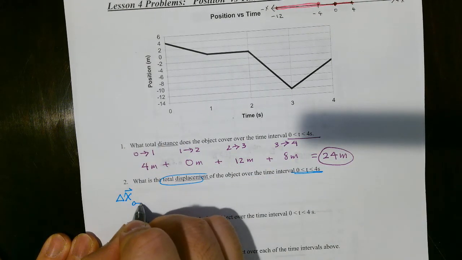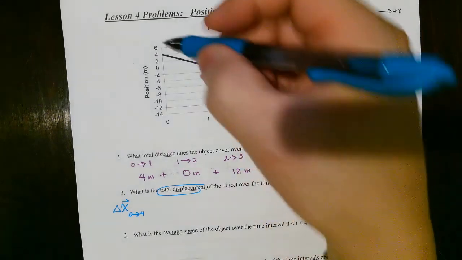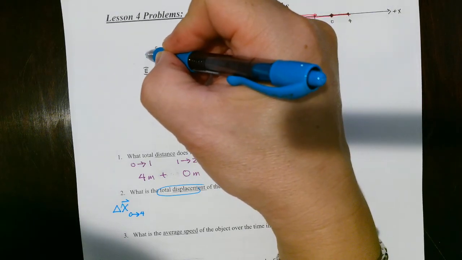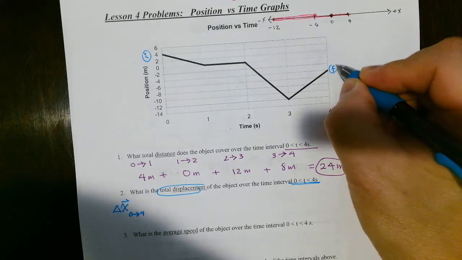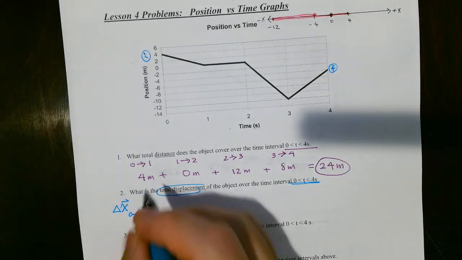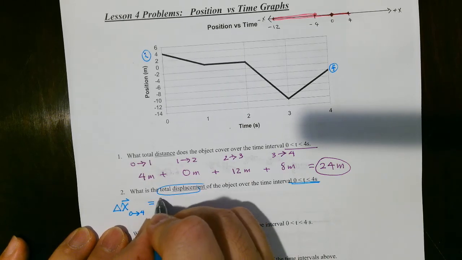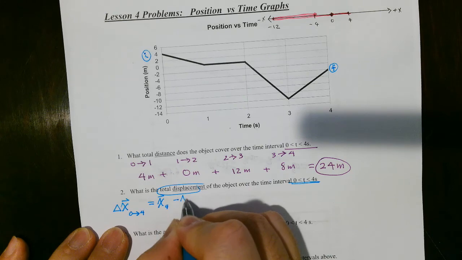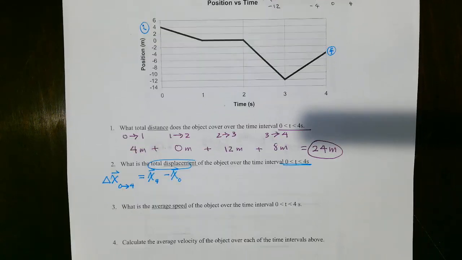So this here is your initial position, and this here is your final position. So the change in position is the x position at 4 seconds minus the x position at 0 seconds. So final minus the initial.